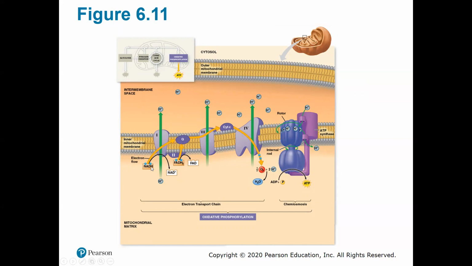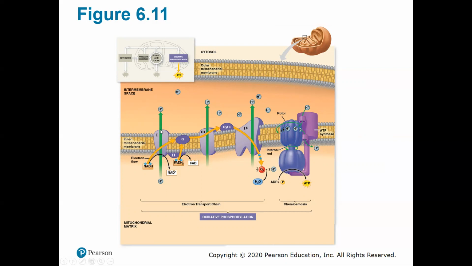And you have NADH and FADH2, and these were from the citric acid cycle or glycolysis. They're going to come and drop off. So NADH here is going to drop off its electrons. Once it drops off those electrons, it becomes NAD+, so this will go back to the other stages. But those electrons are dropped off.